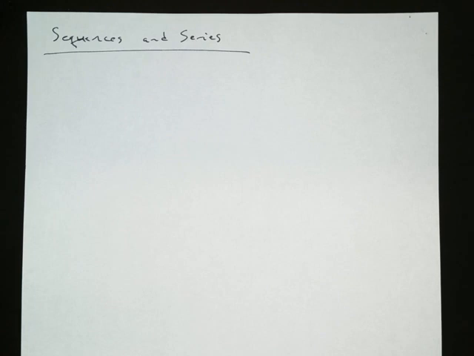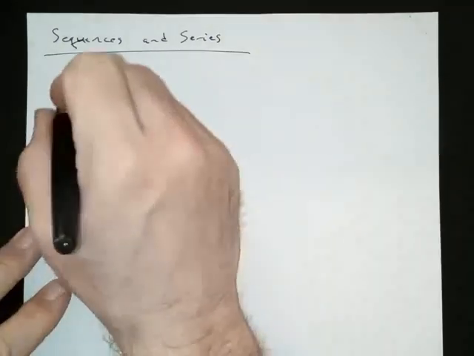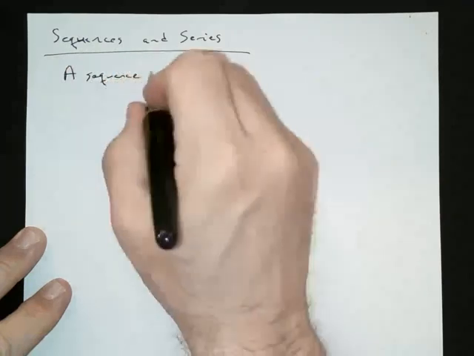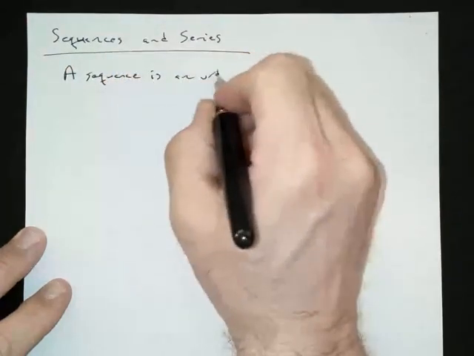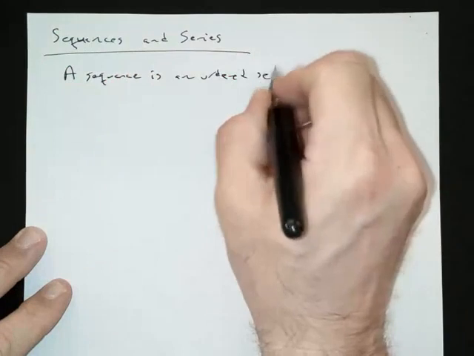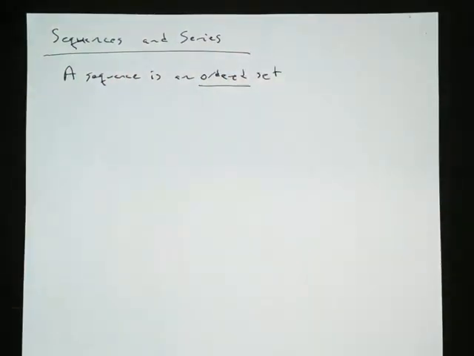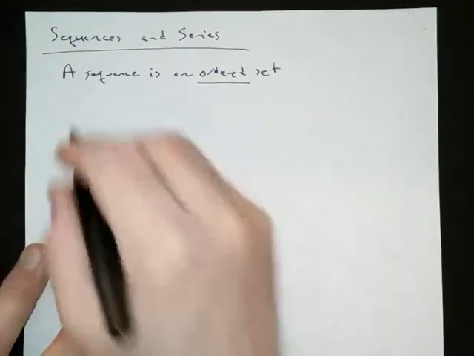The reason we covered functions is to examine a sequence in that sort of a light. So a sequence is an ordered set. But in that fashion, we can think of that ordering as assigning an element of the set to every number.